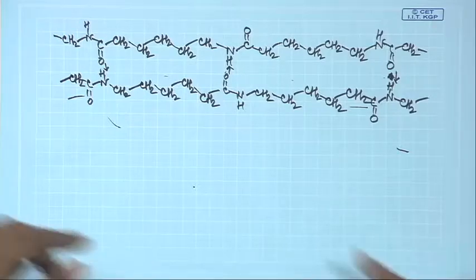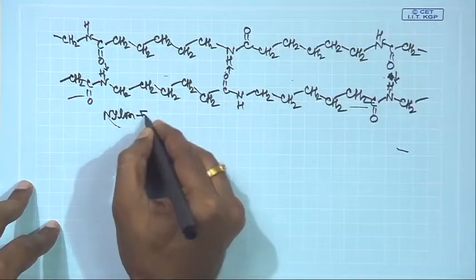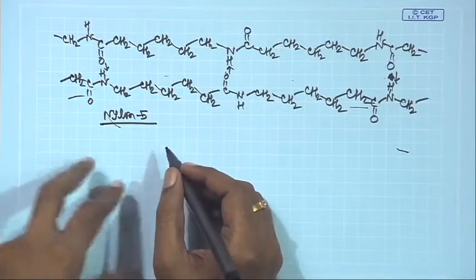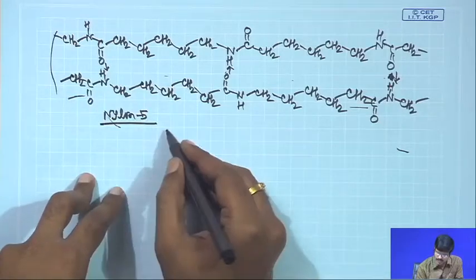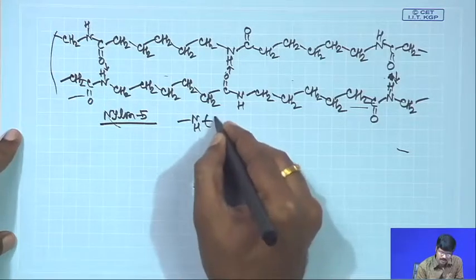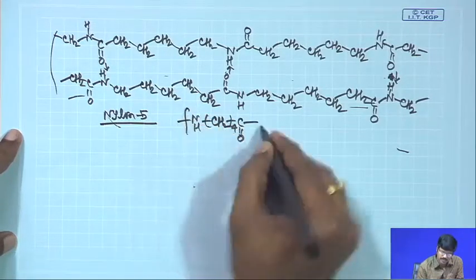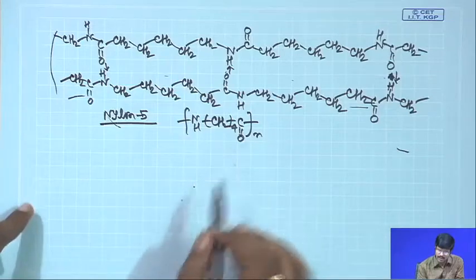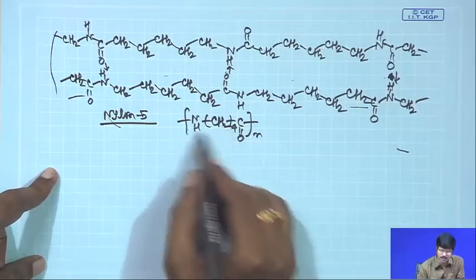However, let us say we talk about a situation where we are dealing with nylon 5. This was nylon 6, of course. So, nylon 5, it is basically your NH CH2 whole 4 CO whole n. This is nylon 5. So, you have 4, an even number of CH2 units between the amide units.